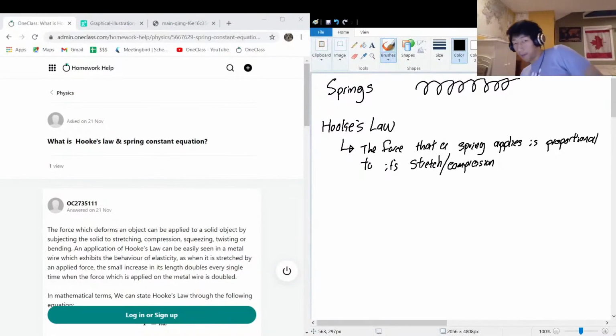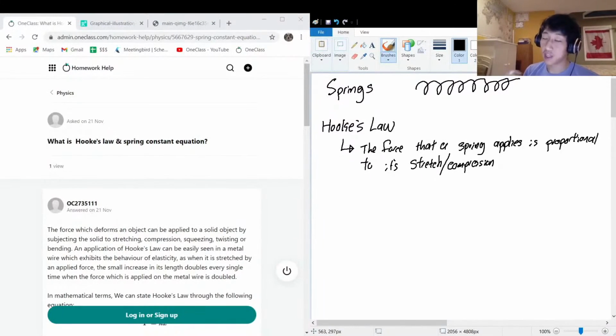Now, Hooke's law is true within the elastic limit. Of course, if you really, really stretch out a spring, you're going to irreversibly damage it. And of course, Hooke's law is not going to be true in that case. So Hooke's law is true in the elastic limit.